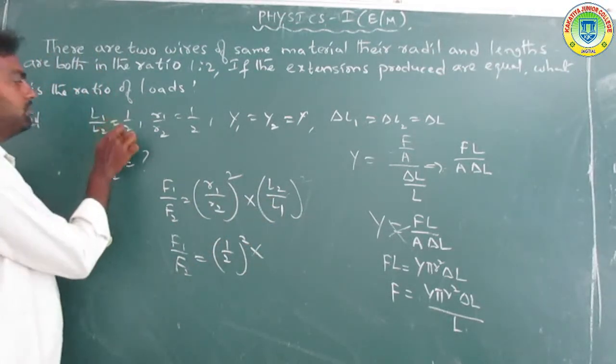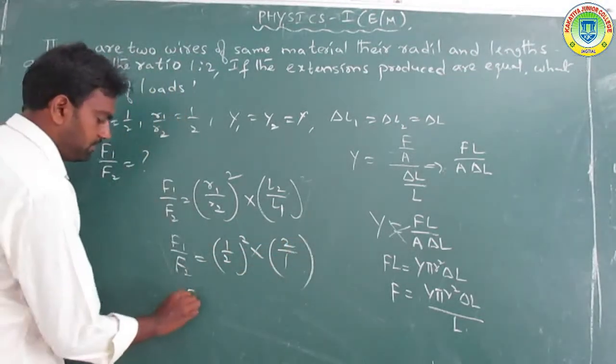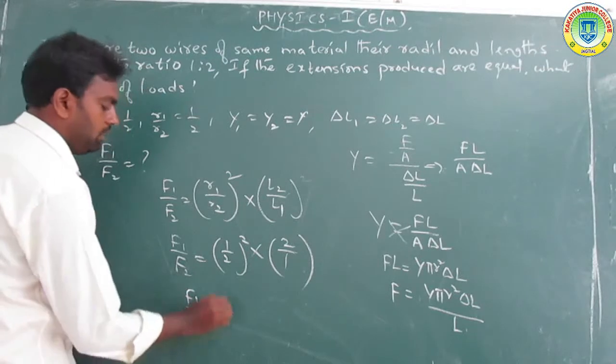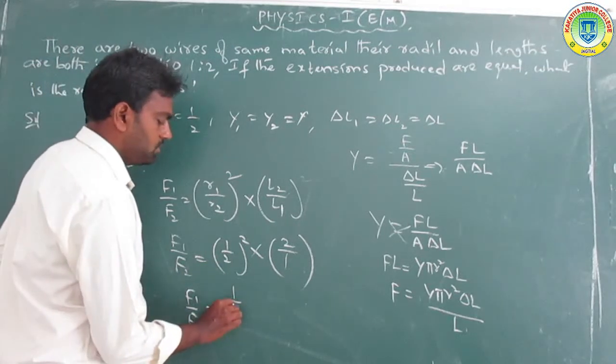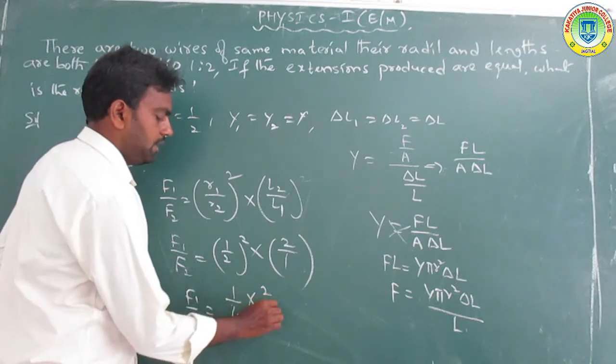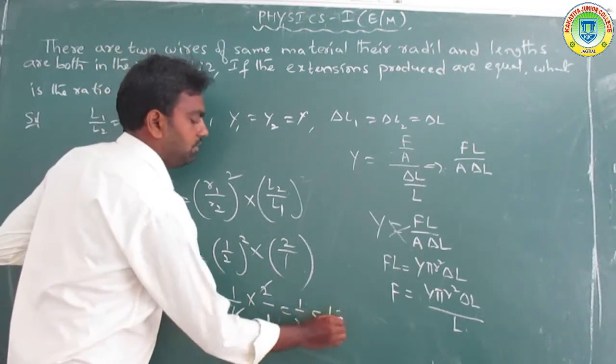Since L1 by L2 is 1 by 2, L2 by L1 is 2 by 1. So the square gives 1 by 4, times 2 by 1, which is 1 by 2, that means 1:2.